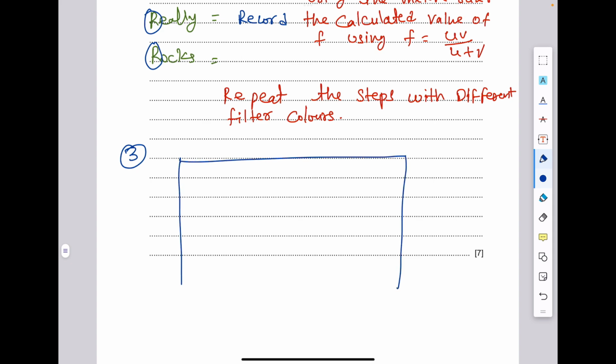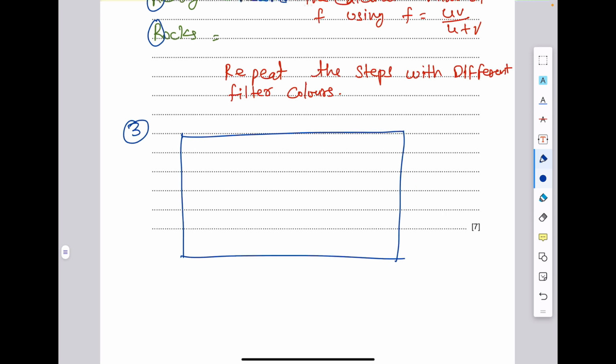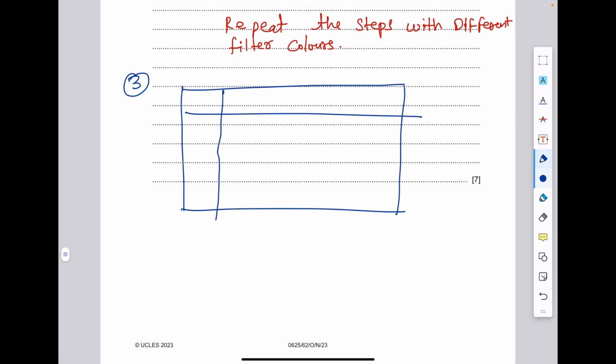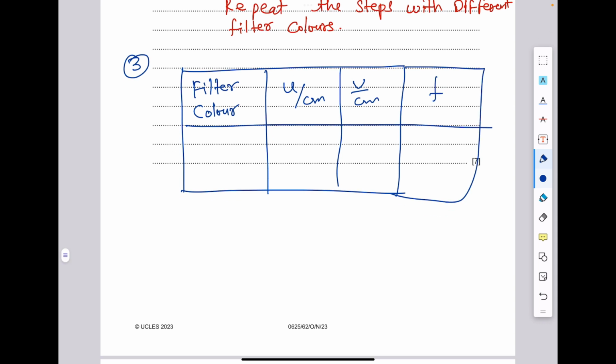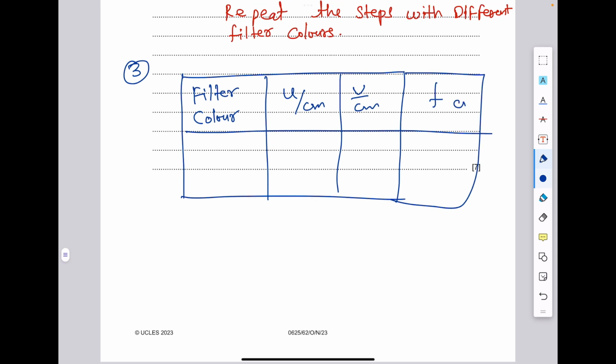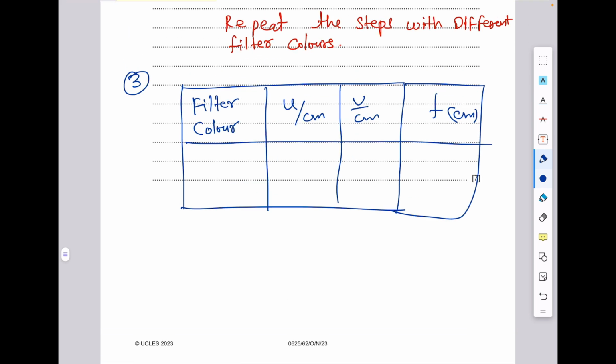In the table, I can mention first, filter color. Second, I can mention u, unit will be centimeter. v, again unit will be centimeter. Again focal length I can mention, which will again be centimeter only. Now no need to fill any data points.